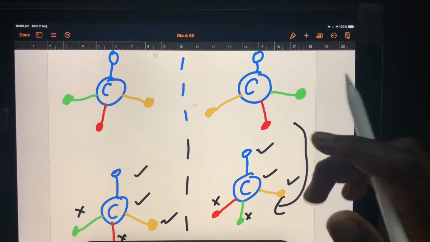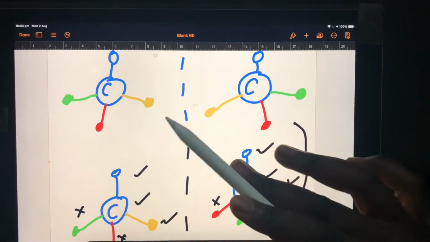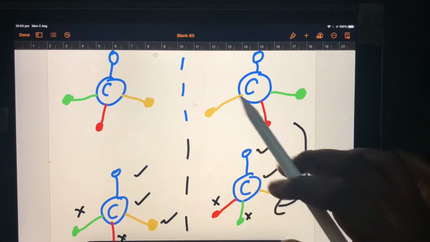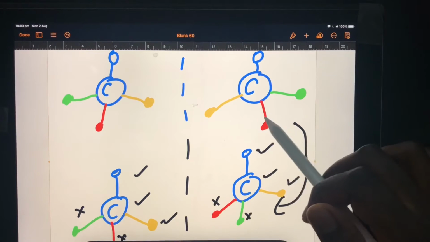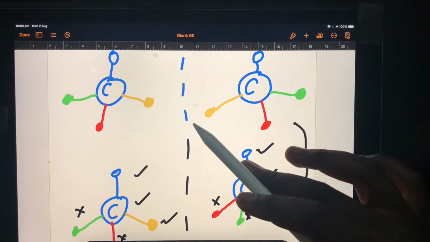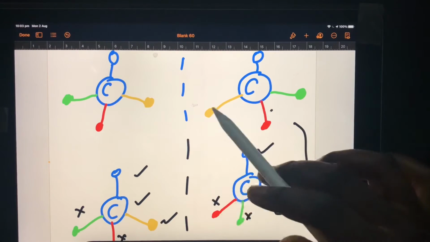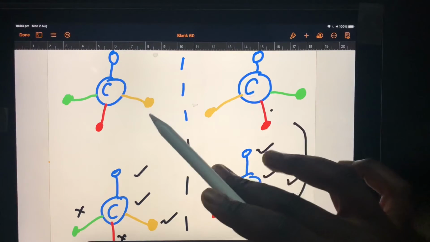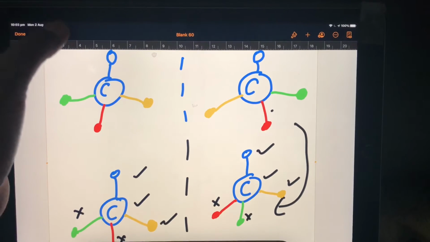When we had this example here, the reason I said these are not the same molecule, non-superimposable, is that they can't be the same image. You can't rotate them to make this molecule into this molecule, as shown down here. And it's the exact same thing here.